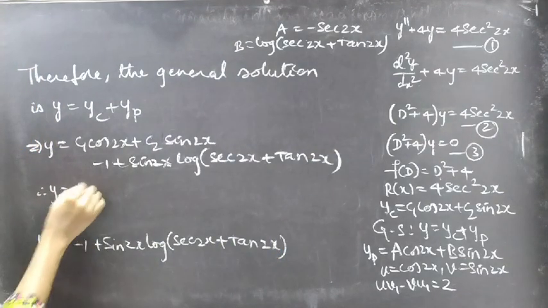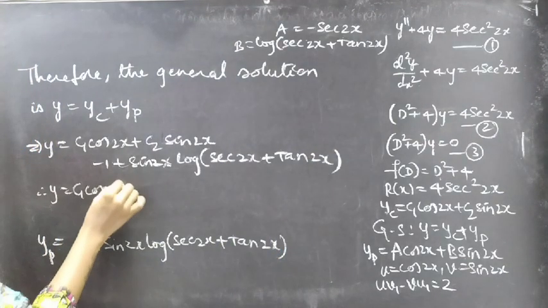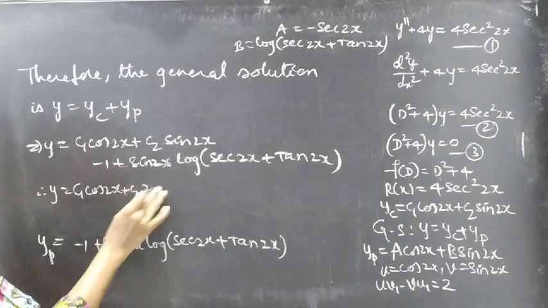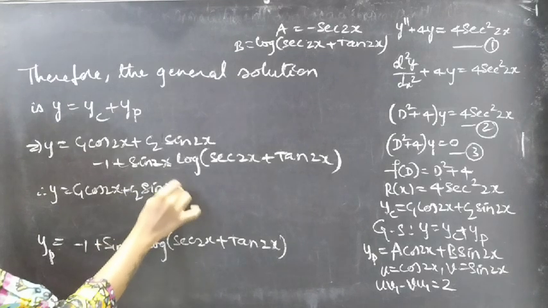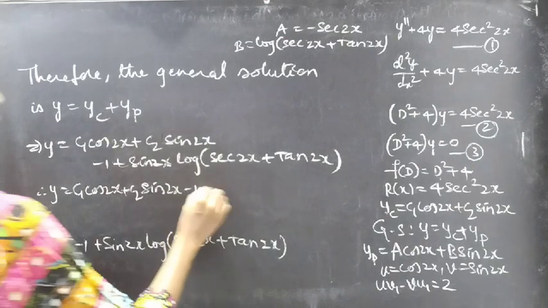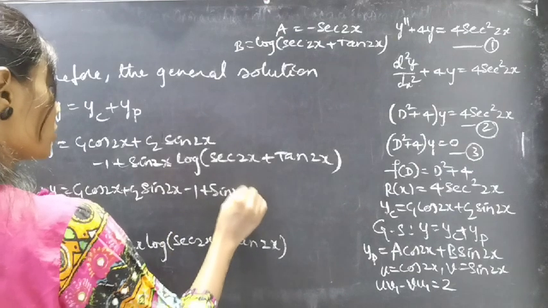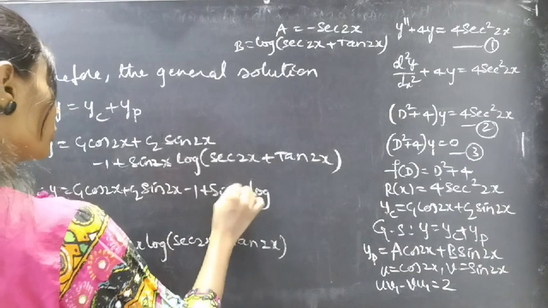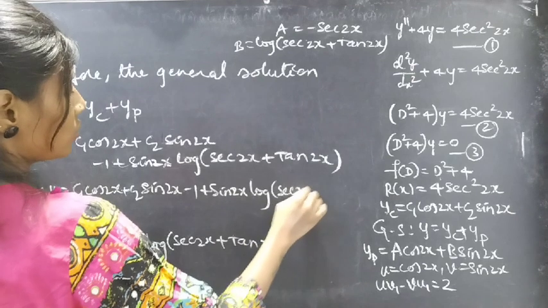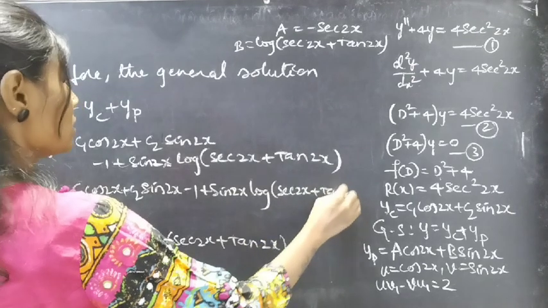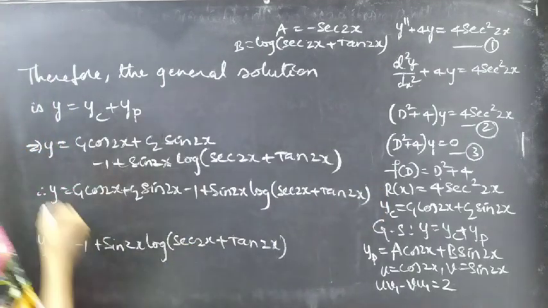Therefore, y equal to c1 cos 2x plus c2 sin 2x minus 1 plus sin 2x into log of secant 2x plus tan 2x is the required general solution.